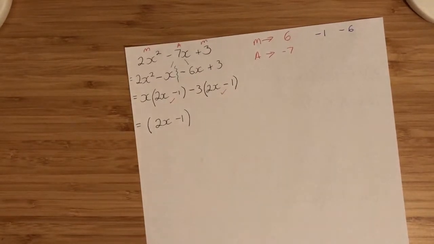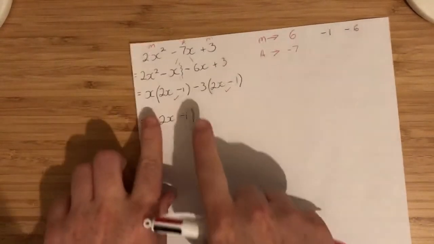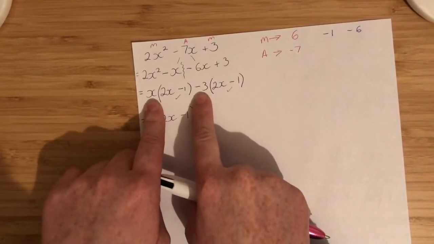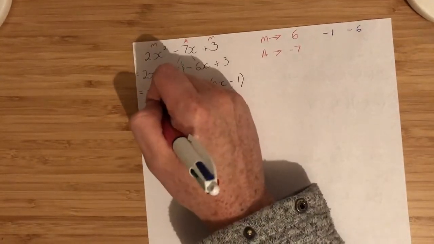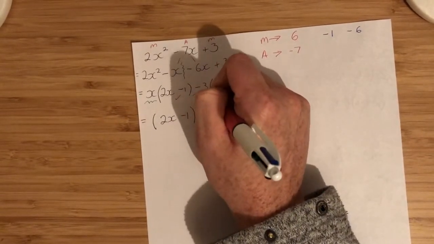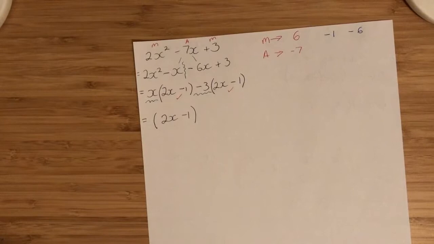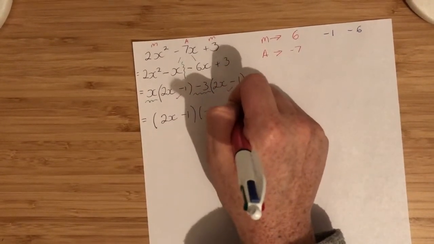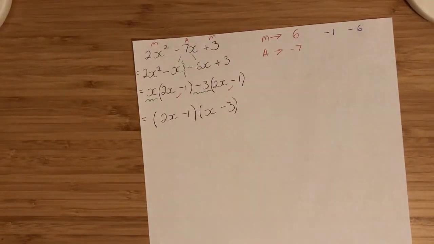Now the second bracket for the solution, we get that from the terms that are outside the bracket. So here we've got an x, and there we've got a -3. So that x minus 3 becomes the second bracket. x minus 3. And that's you.